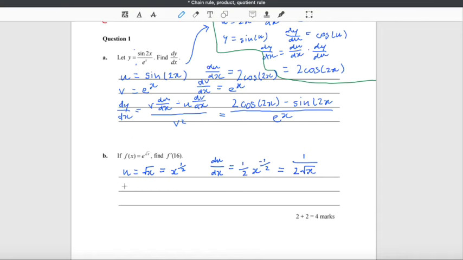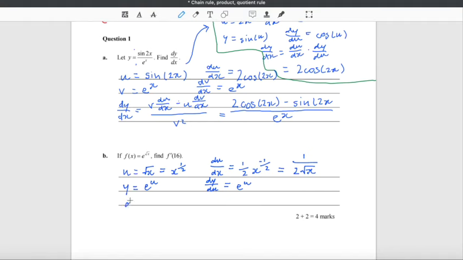Okay, using the chain rule, we know y, our whole function, is e to the power of u. We know dy du then is equal to e to the power of u, because that's the awesome thing about the exponential function. The derivative is itself.